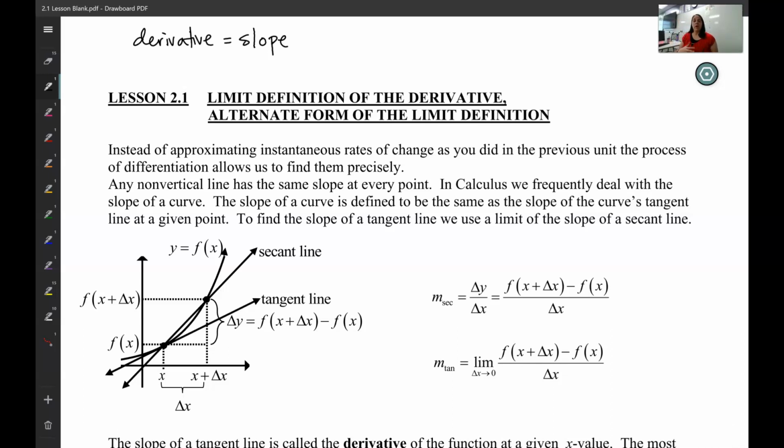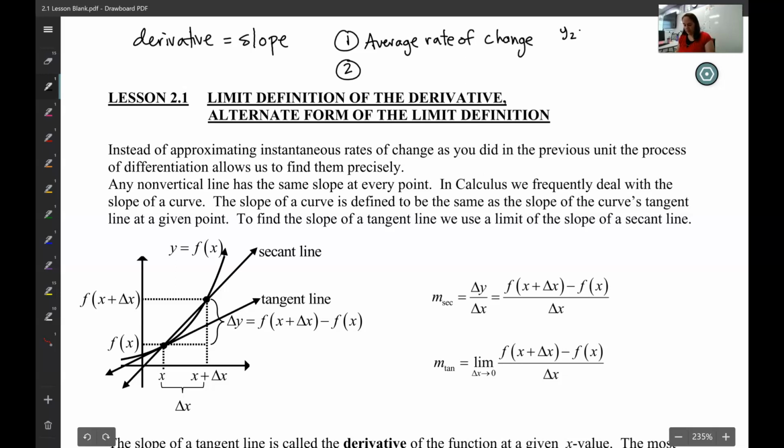So before this point, and we reviewed this last chapter, we talked about there are two types of slope. We have an average slope, or an average rate of change. And to calculate that, we use this equation, which you have seen since junior high. You've seen this equation a lot. That's your slope equation. Let's say I have a graph of a parabola.